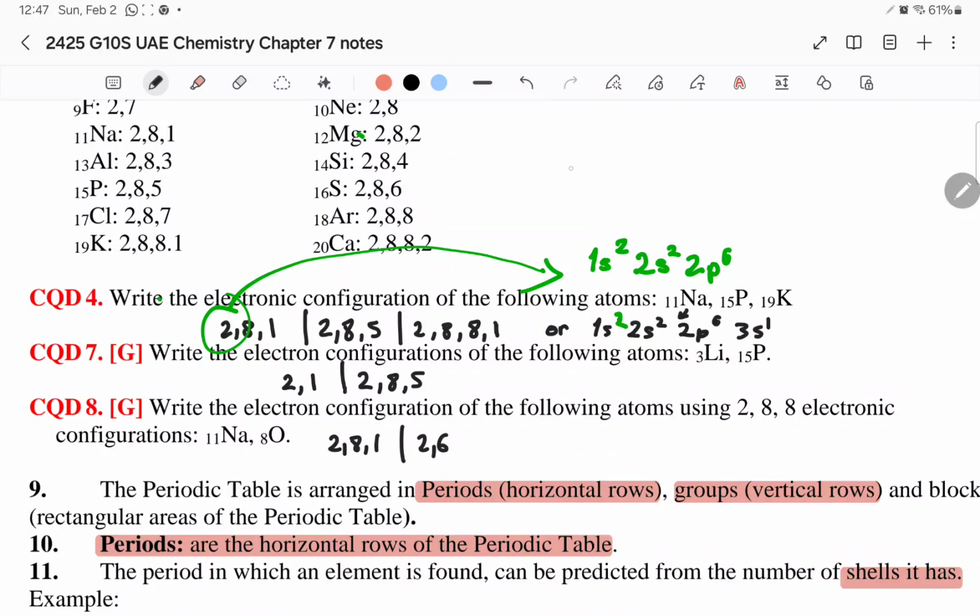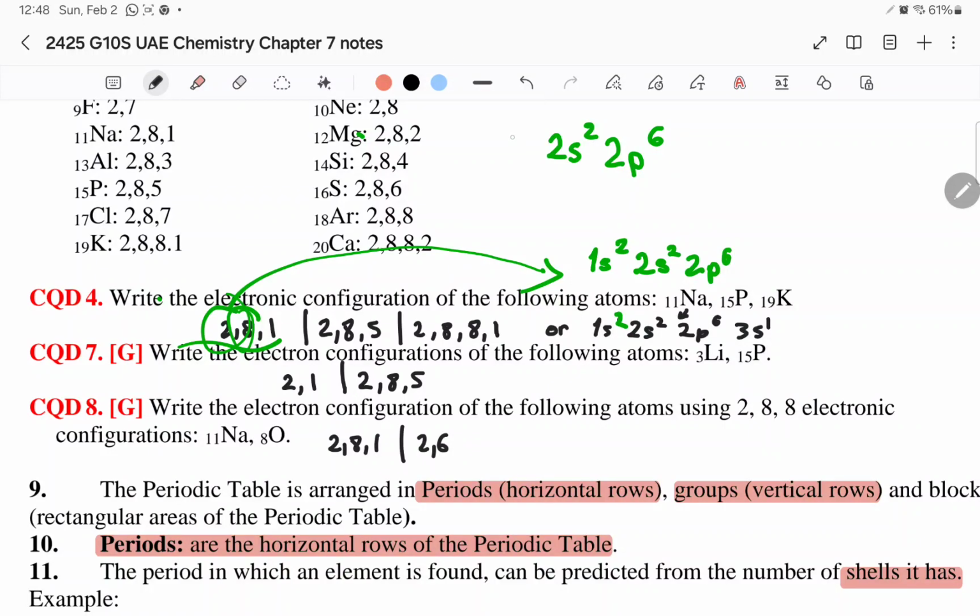What does this mean? It means that the second number, 8, is energy level 2, which means it's the second number in the electronic configuration. So you can make it by filling up a full 2S2 and then 2P6. When you add these two numbers together, you get the 8. So that's your second number. So 1S2 and 2P6, yeah. That's how you write your second energy level.